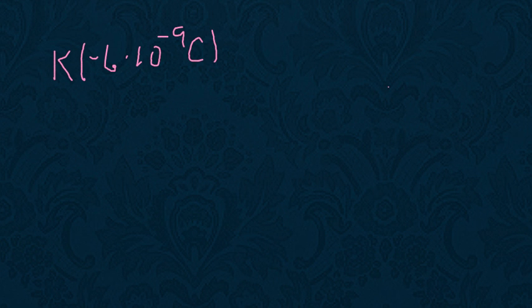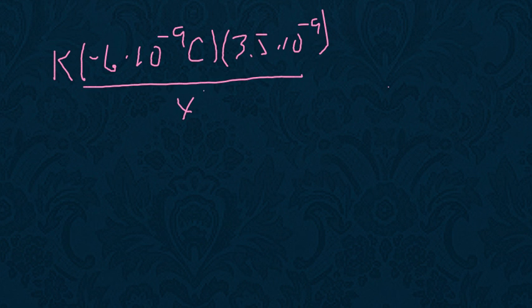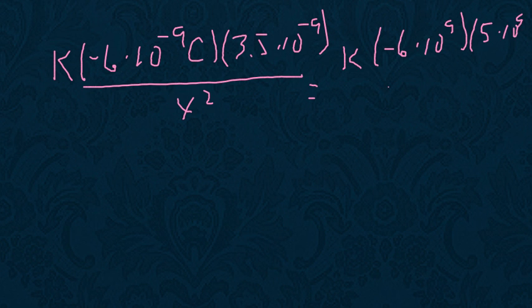Set my forces equal to each other, so I have K, negative 6 times 10 to the minus 9 coulomb, and positive 3.5 times 10 to the minus 9 coulomb over x squared is K. What do I have? Negative 6 times 10 to the minus 9 coulomb, and 5 times 10 to the minus 9, and 0.4 minus x squared.